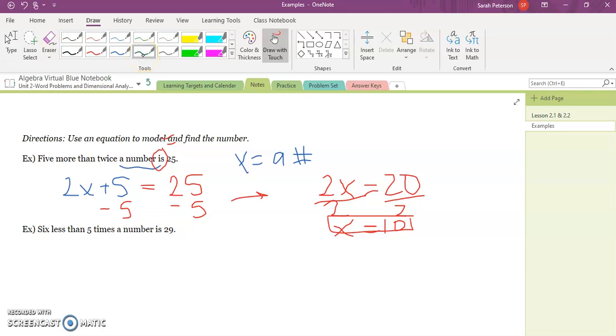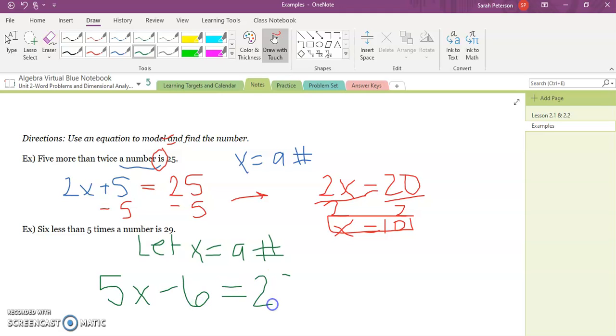Okay, the next one says, 6 less than 5 times a number is 29. The first thing I'm going to do is define what my x is going to be. So x is going to be a number. That's the thing I don't know. So 6 less than 5 times that number, so 5x. 6 less means I'm going to take away 6, is 29.